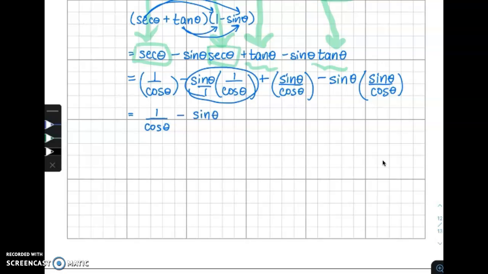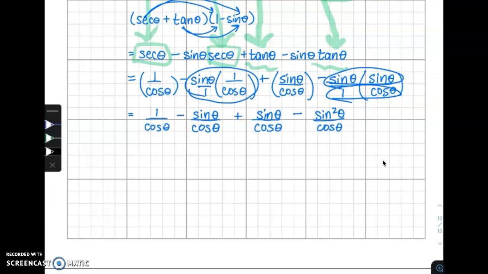So this is the same thing as sine over cosine plus, we have sine over cosine, minus, and then here I've got sine over 1 again. If you multiply the top, you get sine squared. And then if you multiply the bottom, you get cosine. So I went through each of the 4 terms and combined fractions with multiplying.